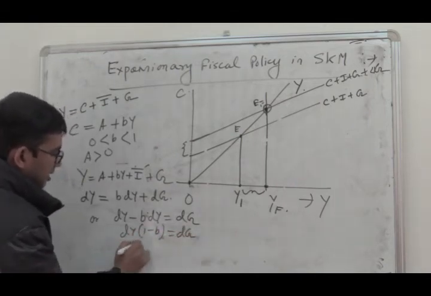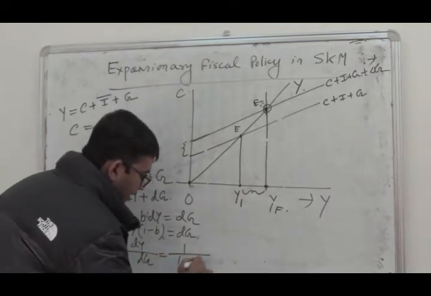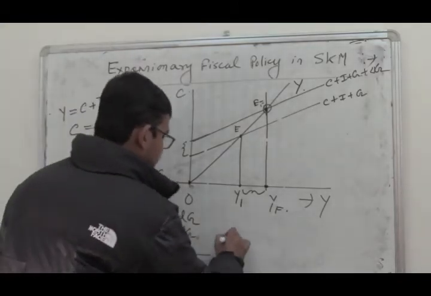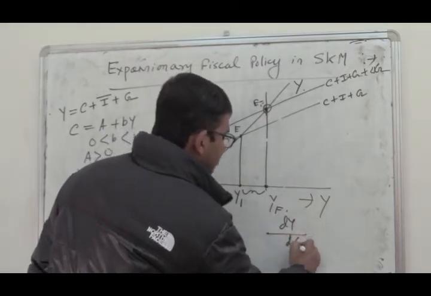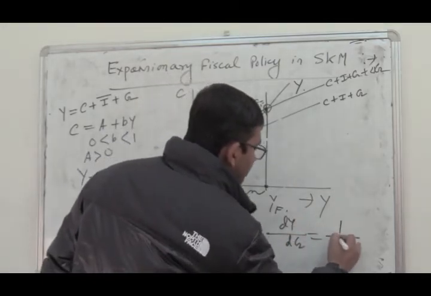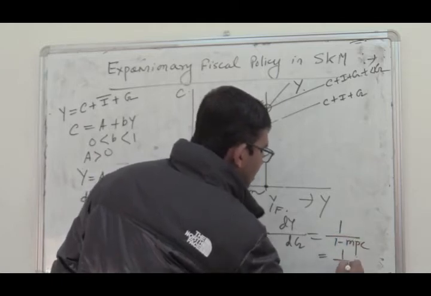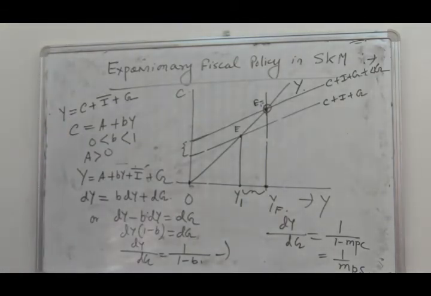By cross multiplication we can write dY by dG equals 1 divided by 1 minus b. So this is the government expenditure multiplier. So we can write dY by dG equals 1 divided by 1 minus MPC.